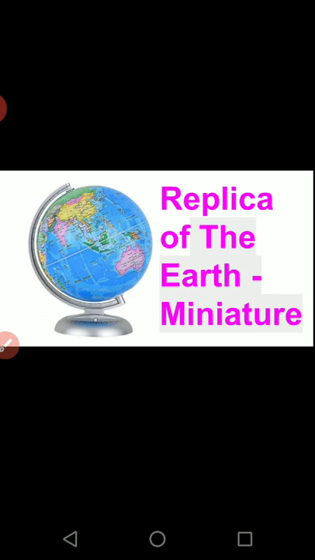This is a picture of a globe. This is also called the replica of the earth. We have tried to make a similar model of the earth, a replica, with the help of imaginary lines made on it. This imaginary line is actually a network. It is a grid.